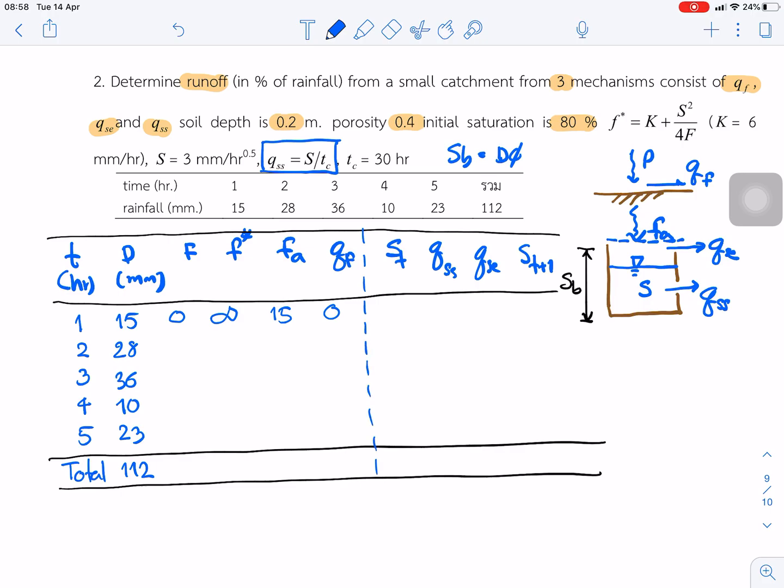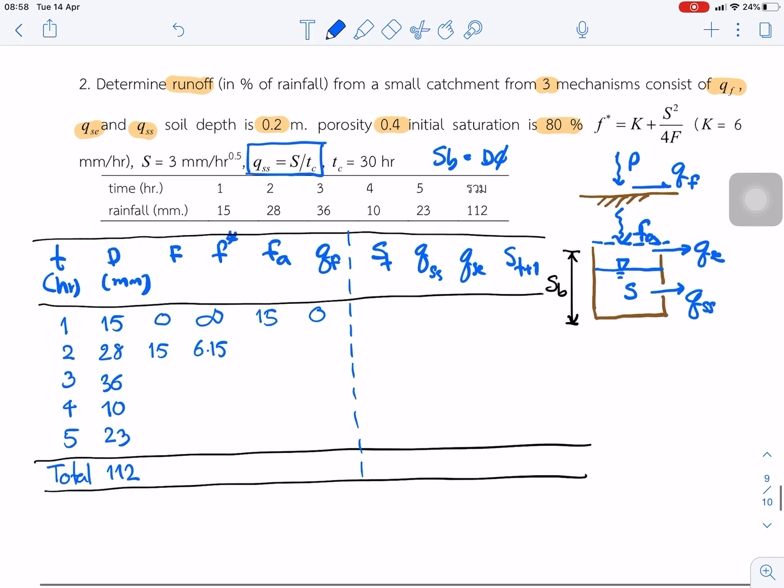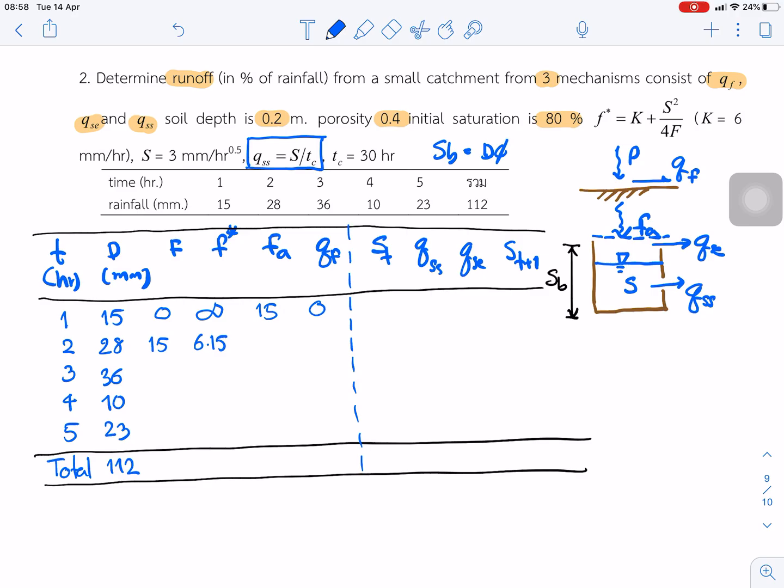We do the same as in the previous classwork problems. For the second part, in the soil, the storage starts from the initial storage.